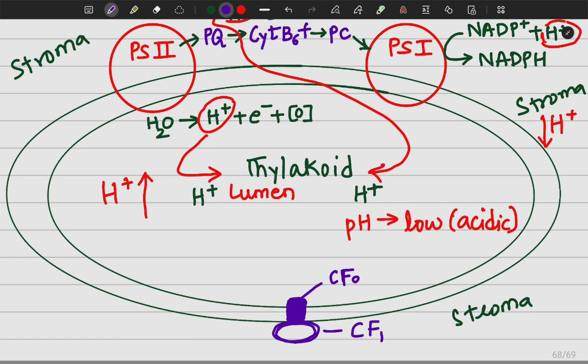So now to maintain this equilibrium, these H plus ions will pass out.